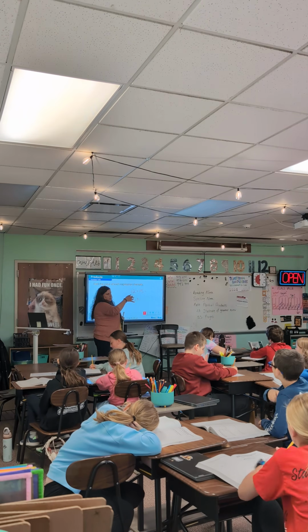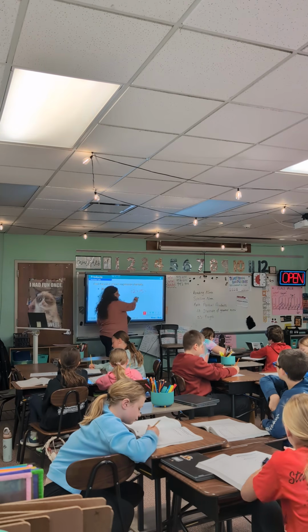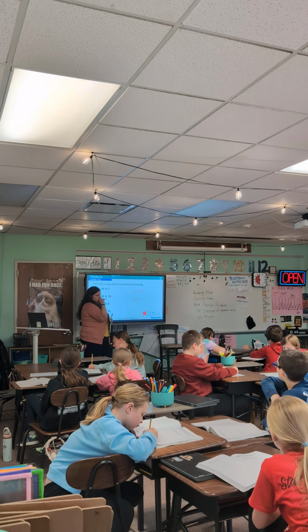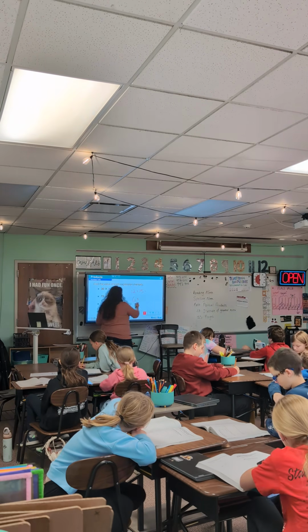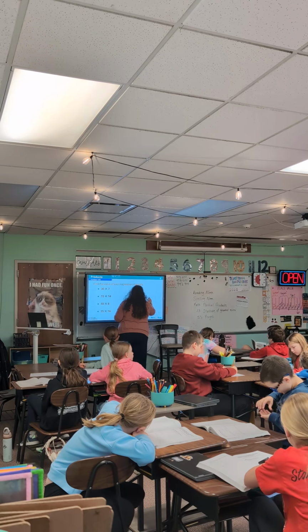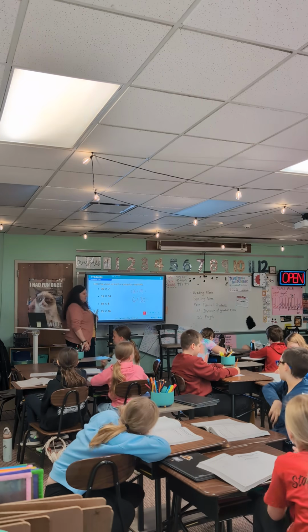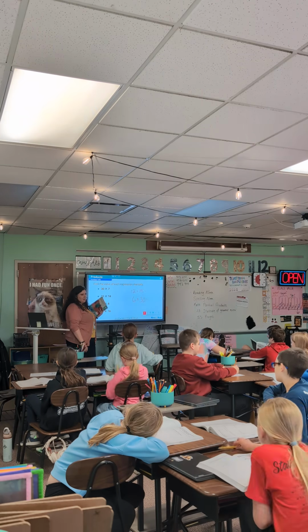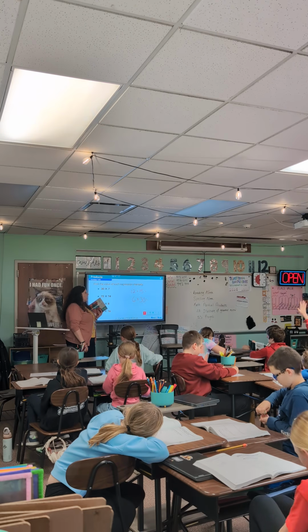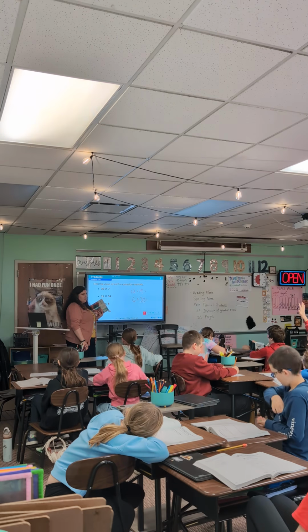So what would our 15 do? If we double the 15, what would that give us? 30. Okay, and then if we multiply that together mentally, what do we get? That's a lot friendlier. Owen?